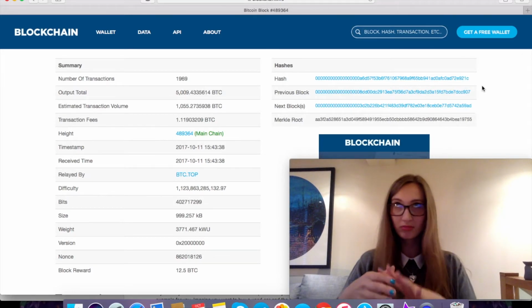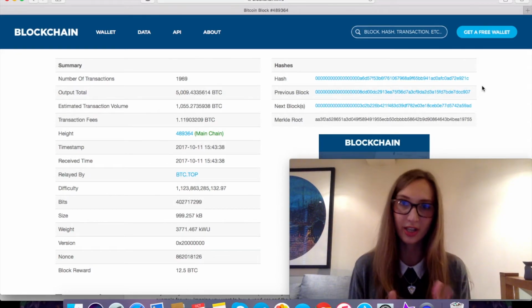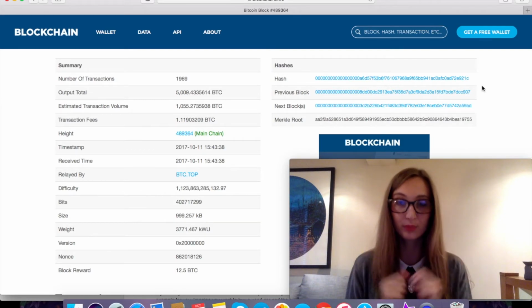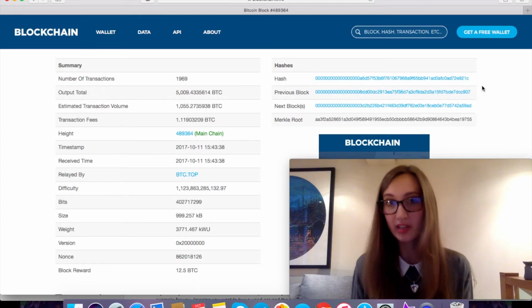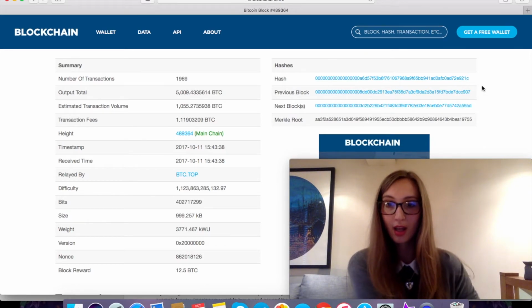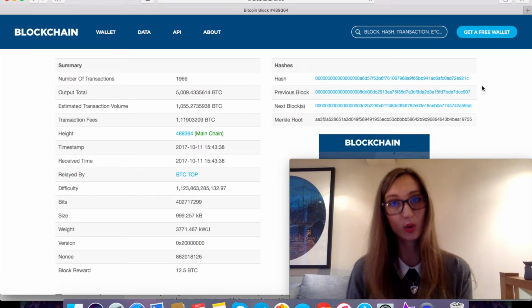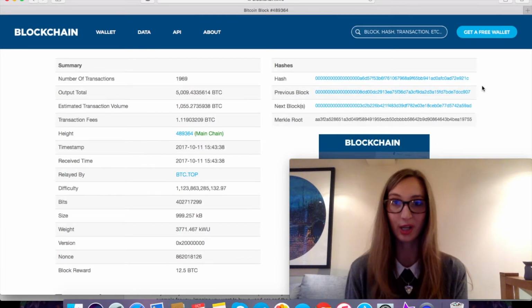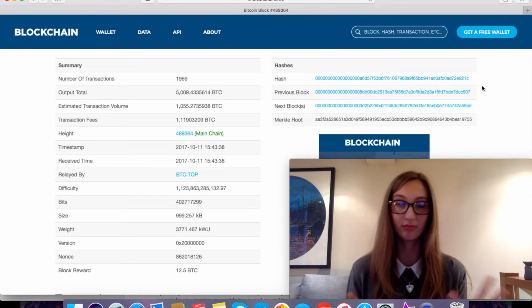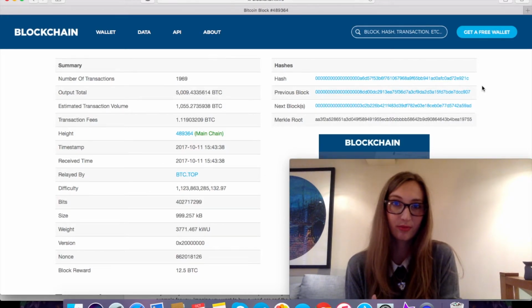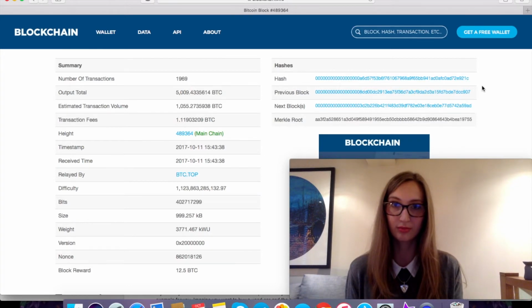Even if someone finds a way to modify, or to find a fake block or modify an existing block with fake information, then all the computers that are mining will reject this fake information because they can't validate it with the information they have from everything prior to this block.